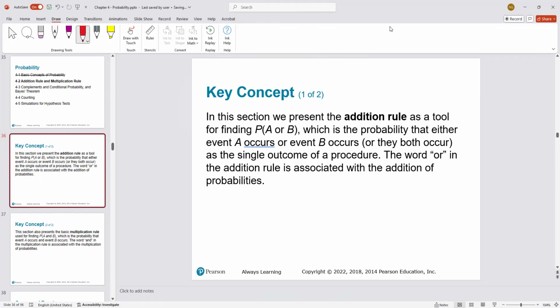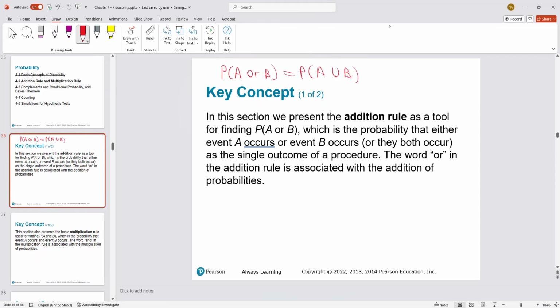Let's start very quickly by reviewing the key concepts that you would probably see in the book. We said we would present the addition rule as a tool for finding the probability of A or B. In some books, the probability of A or B can also be written as the probability of A union B. So if you see it that way, don't be surprised.